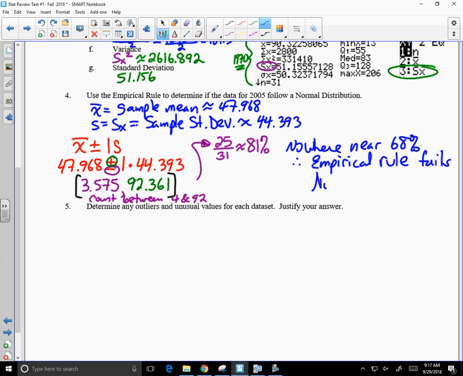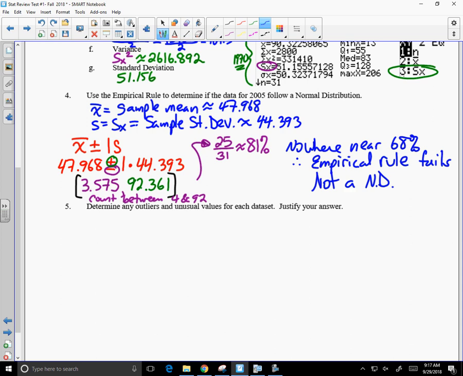And it's not a normal distribution. And that's like the best possible news. All right? Because if it passed, if you got anything between 66 and 70 inclusive, then you'd have to move on to x bar plus or minus 2s to see how many values fell in that interval, and whether or not that was close to 95% of the overall data set.